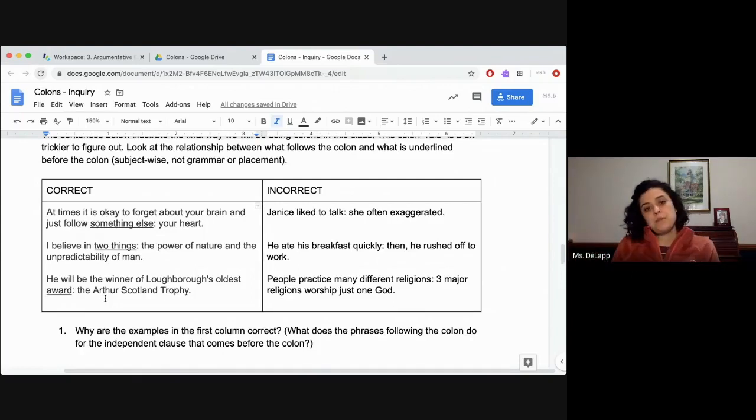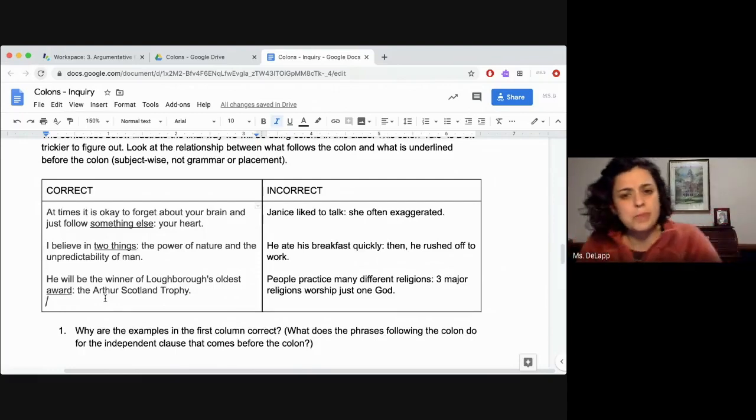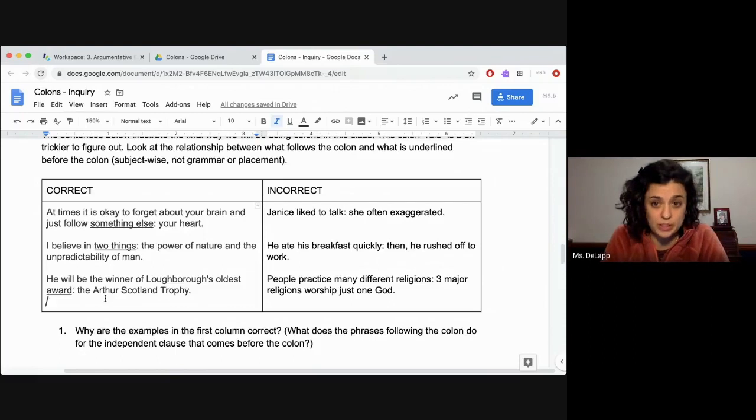So it seems that whatever is underlined in the original sentence is defined or described a little bit more after the colon. Let's look at the incorrect column. Janice liked to talk: she often exaggerated.